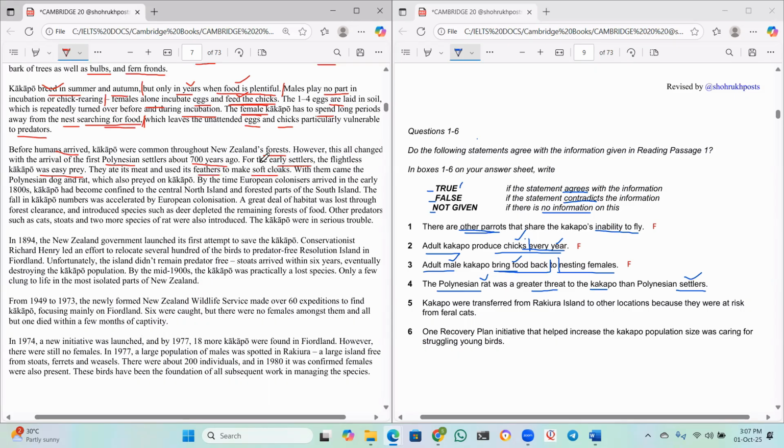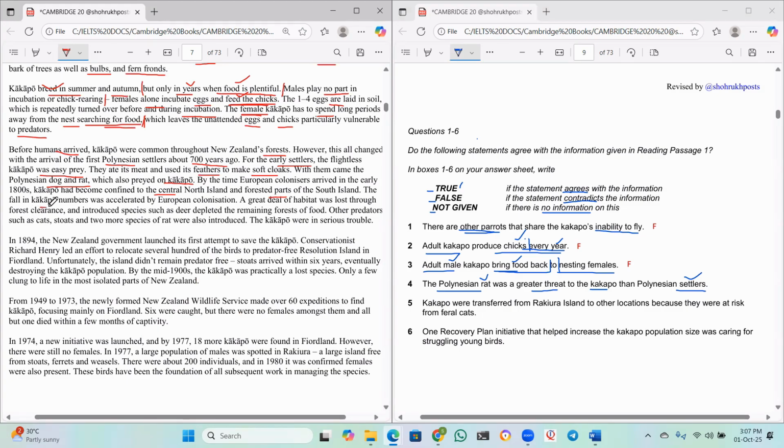Cloaks means it's a type of clothing. Then came the Polynesian dog and rat, which also preyed on kakapo. By the time European colonizers arrived in the early 1800s, kakapo had become confined to the central North Island and forested parts of the South Island.